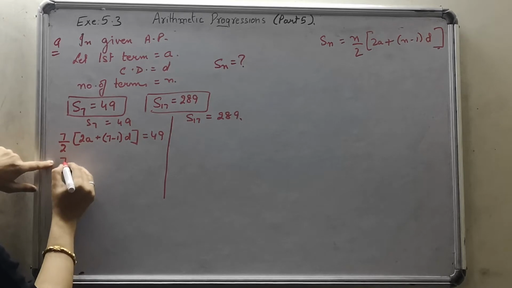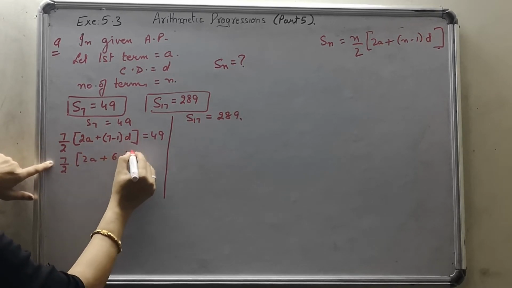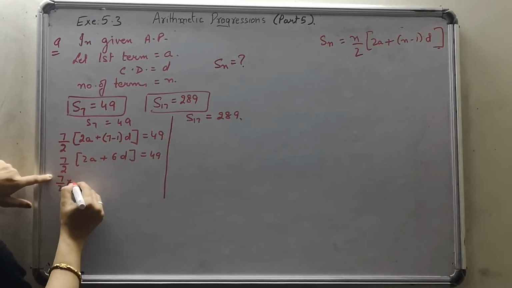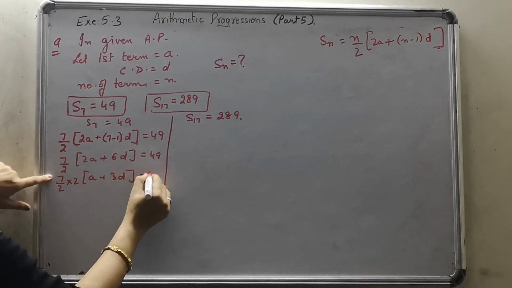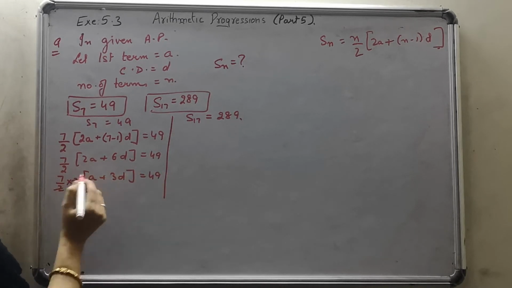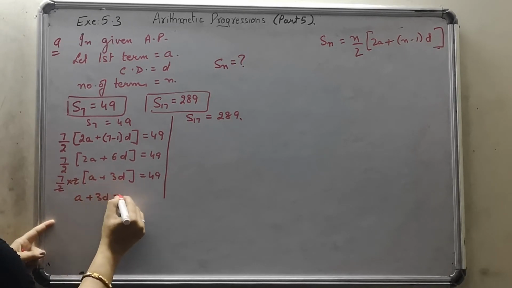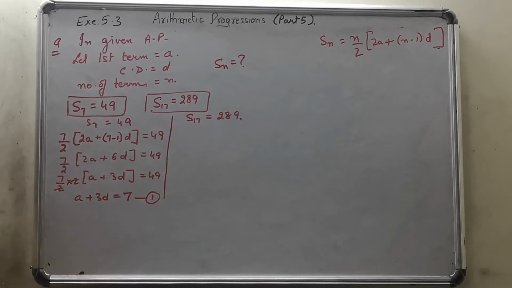So this turns out to be 7 upon 2, 2a plus 6d is equal to 49. We can take 2 common from the bracket. We have a plus 3d inside, 2 cancels with 2, and we have a plus 3d is equal to 49 divided by 7, which turns out to be 7. Let this be our equation number 1.